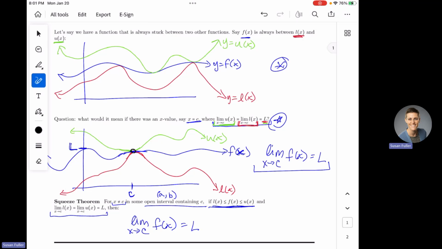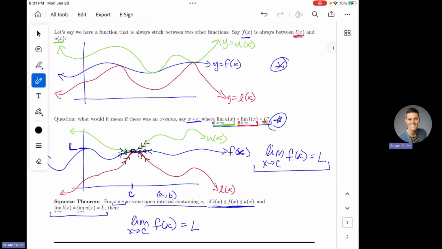It's the journey, not the destination. All of these functions still have the same limit. As we approach c on any of these functions from the left, they all head toward L, even if there's a hole there. If I approach c from the right on any of these functions, notice they all head toward L, even if there's an open circle there.